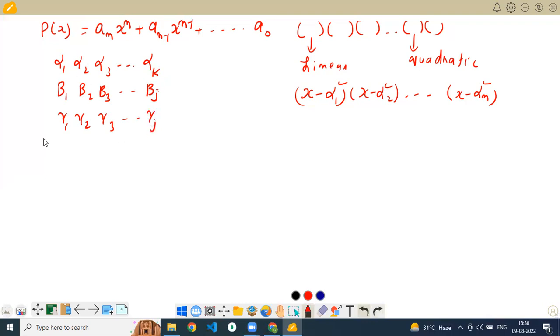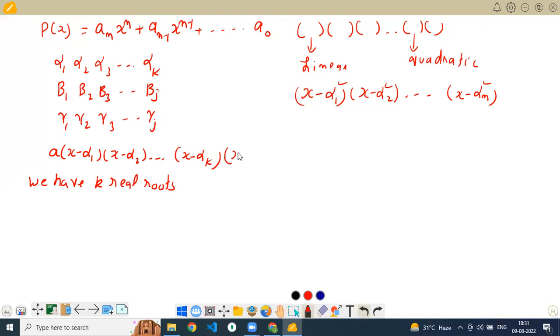Then this polynomial can be written in factors like a multiplied by (x minus alpha 1), (x minus alpha 2), ... (x minus alpha k). What does this mean? We have k real roots. The rest of the roots are not real. The rest of the roots are imaginary, which we cannot find right now. We don't know how to write them.